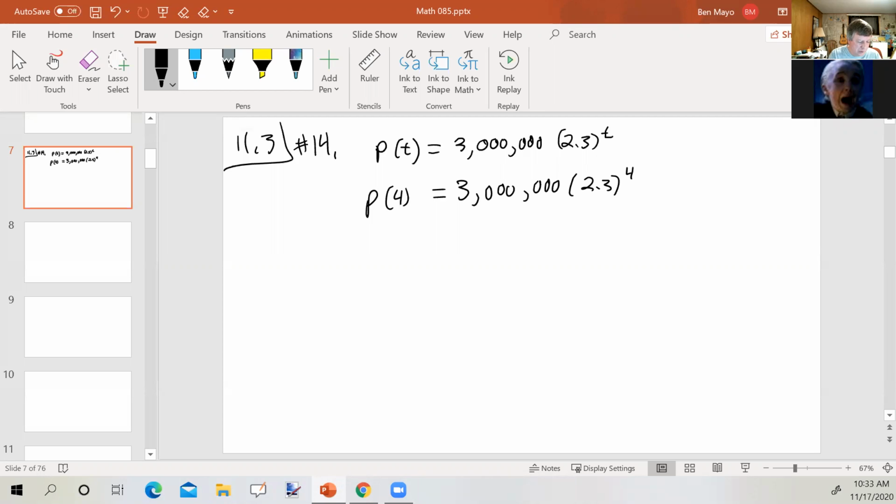Let's see if I got enough zeros there. 2.3 raised to the 4th power. And I come up with 83,952,300 would be the population of the bacteria 4 hours after the beginning of the problem.